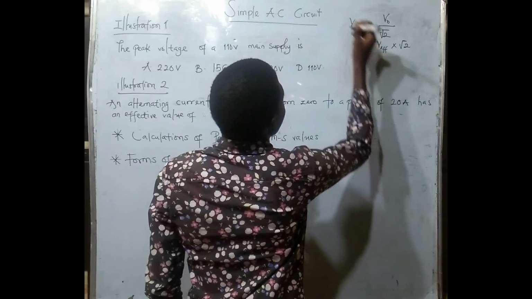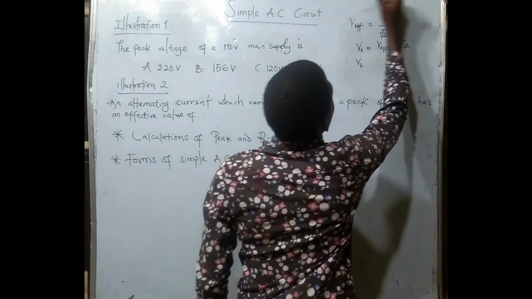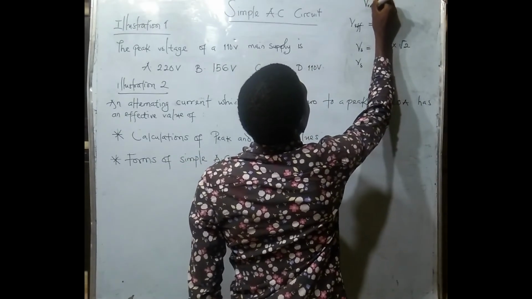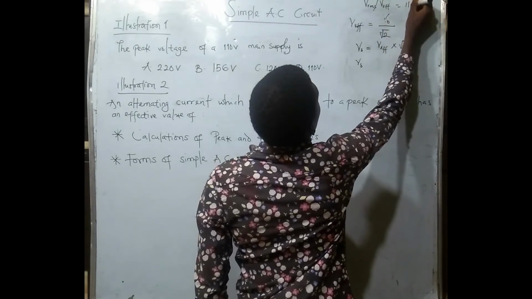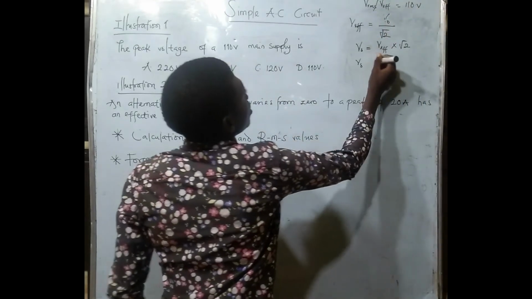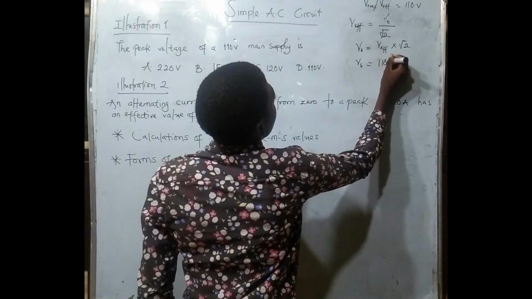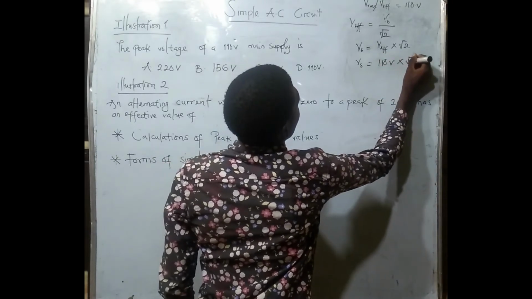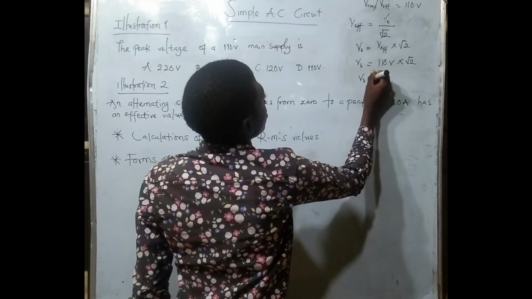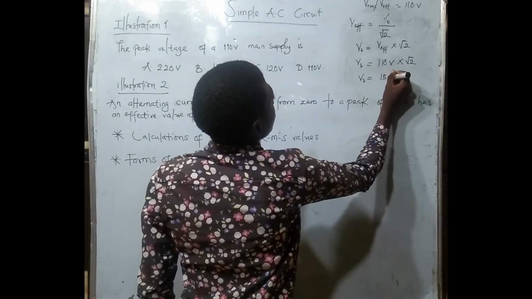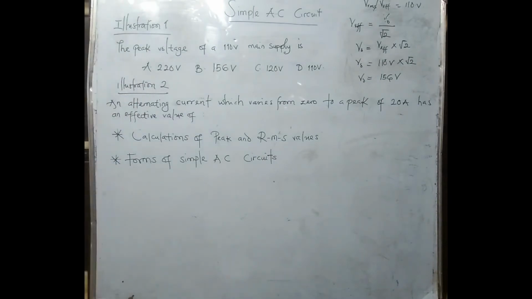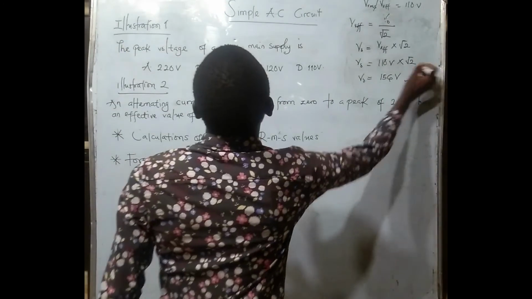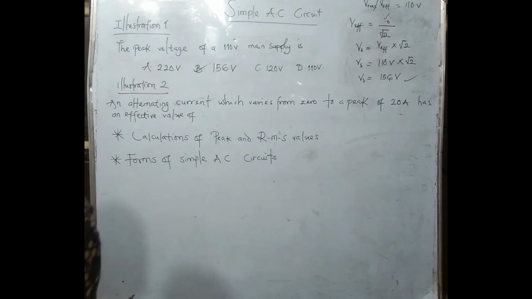So that way, what we are given initially is our VRMS or our V effective, which is 110 volts. So that way we have 110 volts times root 2. Computing this, we have it to be approximately 156 volts. So that's that. So that way our answer is B.